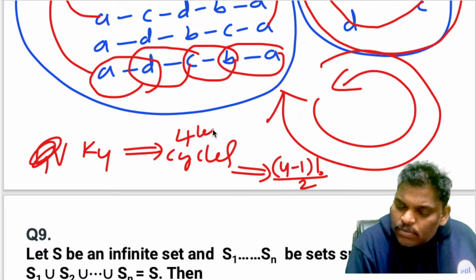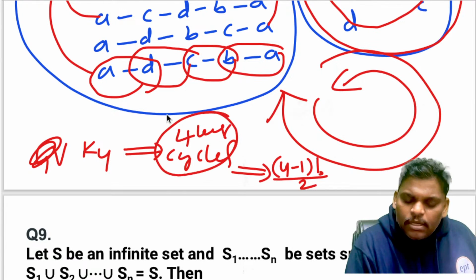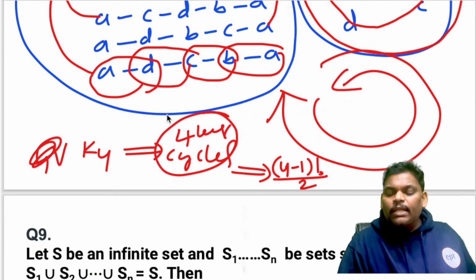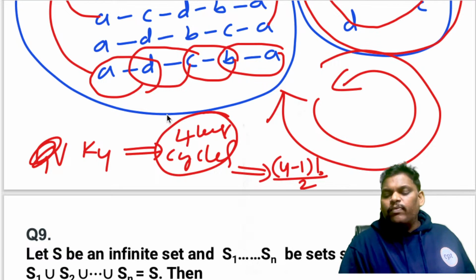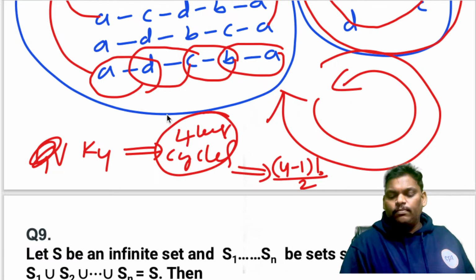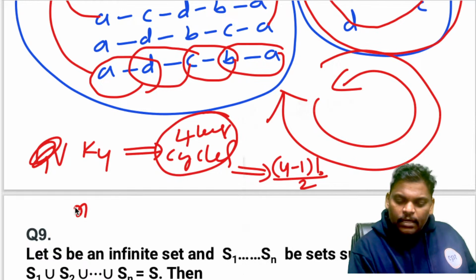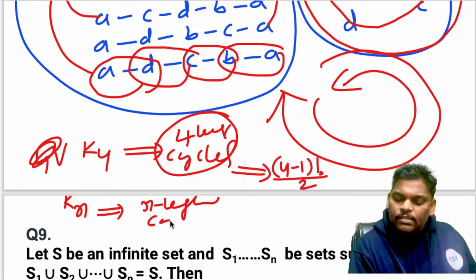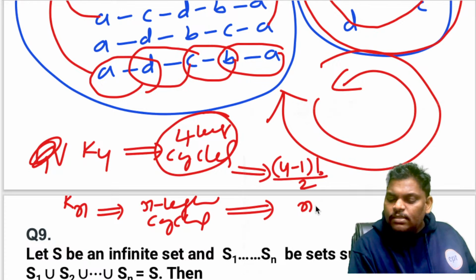I am writing length also. 4 length cycles: 4 minus 1 factorial by 2. In the similar way, Kn contains how many n length cycles? N minus 1 factorial by 2.